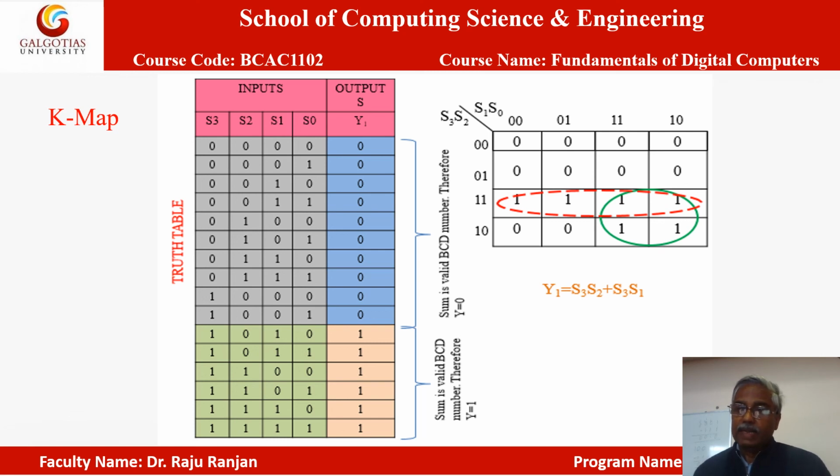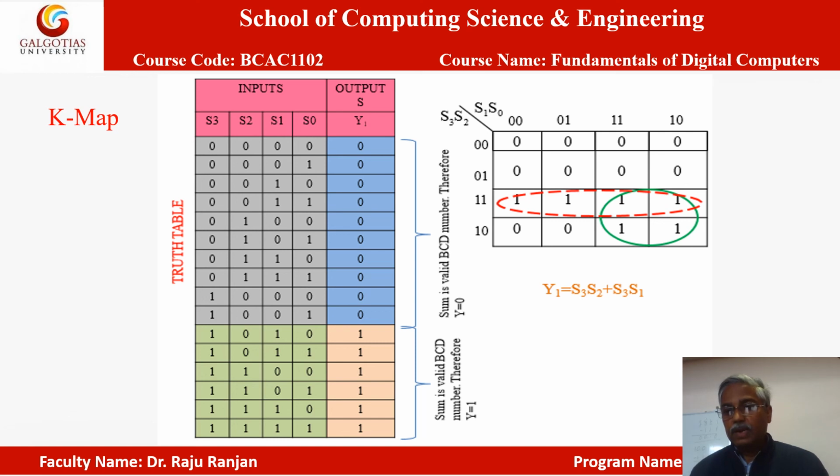So after getting the expression, we will create a circuit diagram for it with the logic gates, and you know that this S3 S2 represents S3 multiplied by S2, and this is represented by an AND gate.